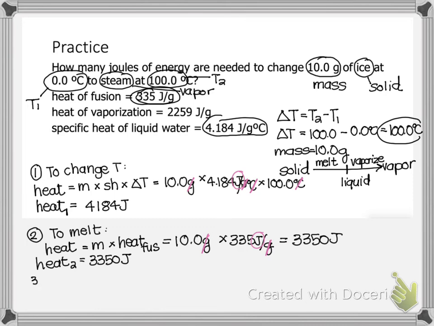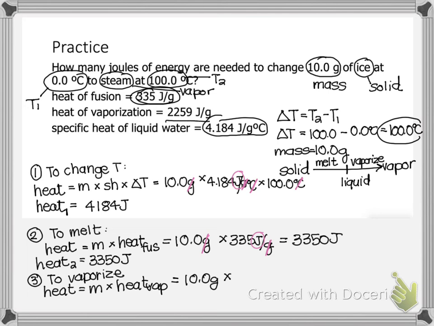So in this problem, I have a third heat, and this is to vaporize. And that is that heat equals mass times the heat of vaporization, which is a constant. The mass for the whole problem is 10 grams, and the heat of vaporization is 2259. Look how much greater the heat is to vaporize it than to melt it.